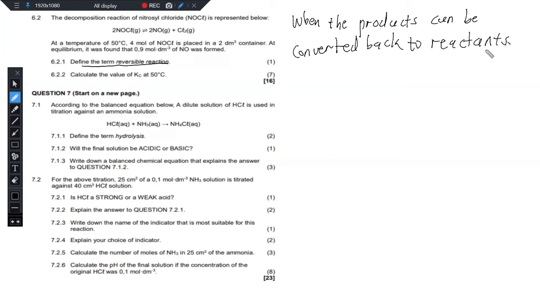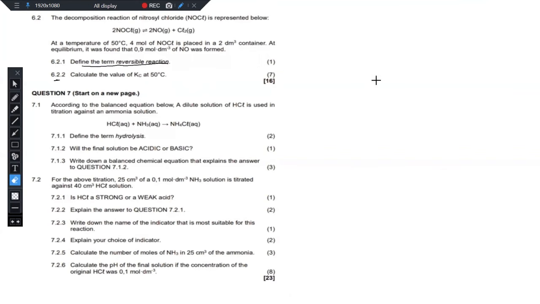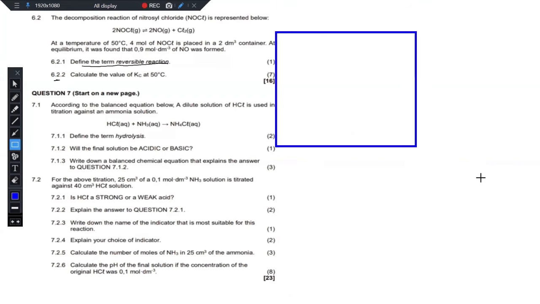Then there is the devil right there. 6.2.2 says calculate the value of Kc at 50 degrees Celsius. Okay, we know that for that one, we need our rice table.